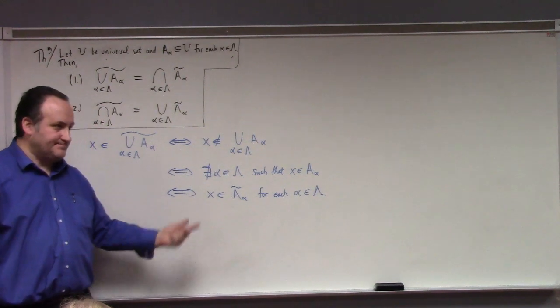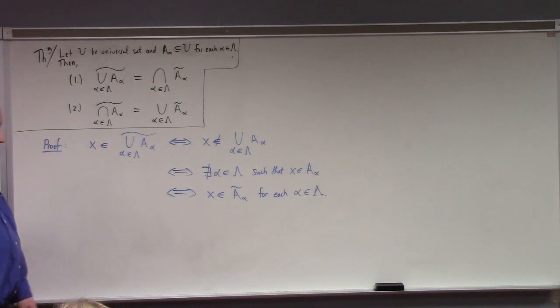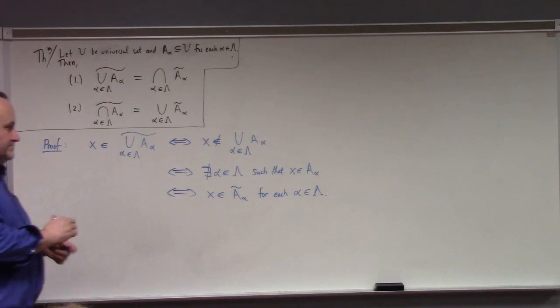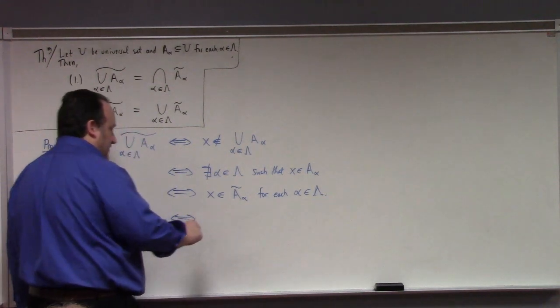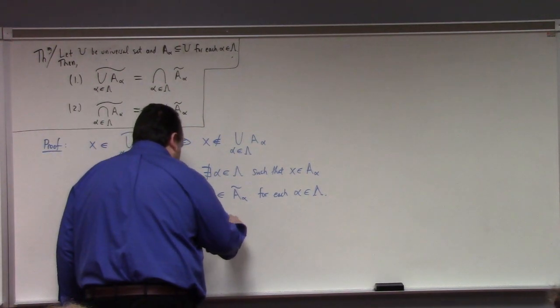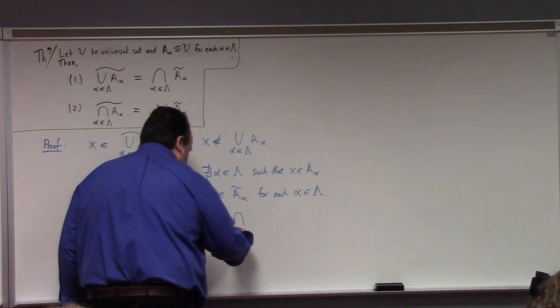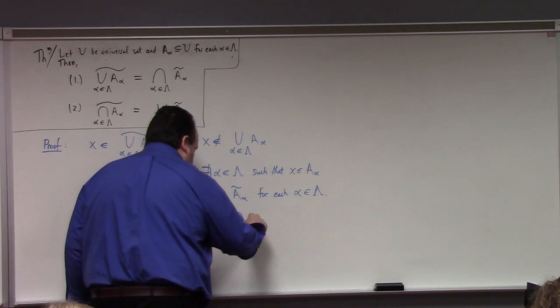So then what? What does that mean? We have x as an element of A sub alpha complement for every alpha. That means that x is where? In the intersection of the complements.